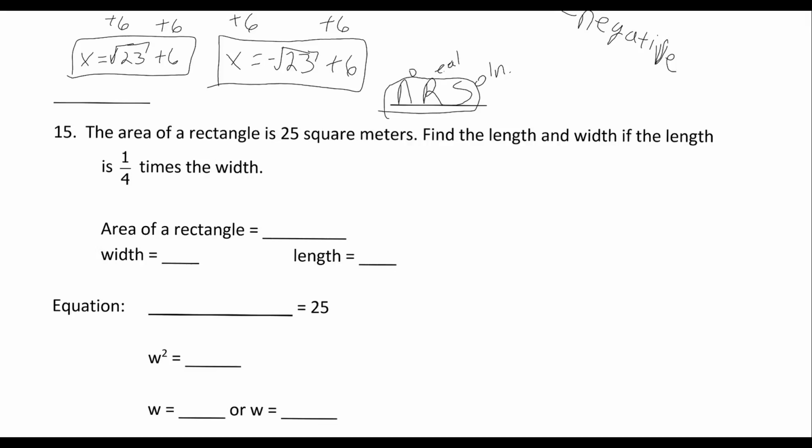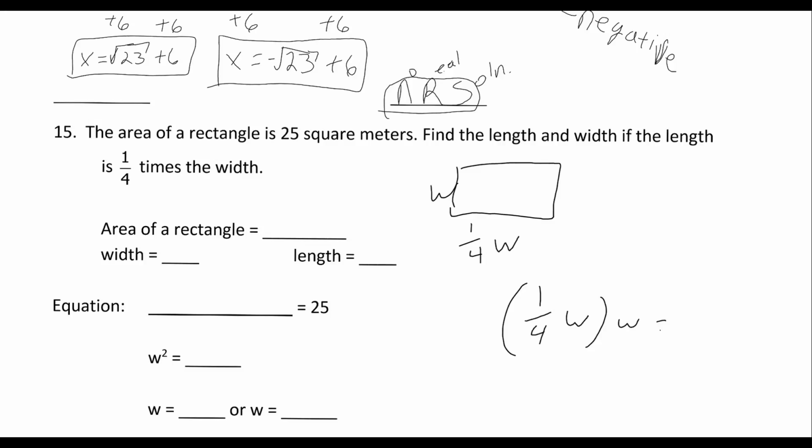So how this is going to work is we've got this rectangle that looks like this: 1/4 of the width, and then the width. We know that 1/4 of W times W equals 25, because that's length times width.